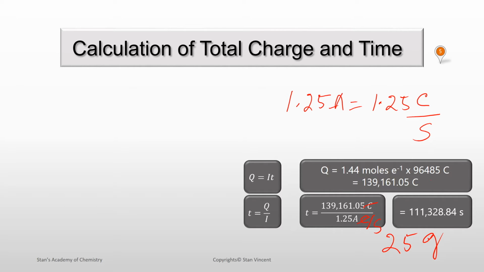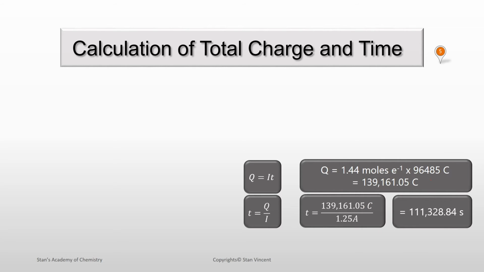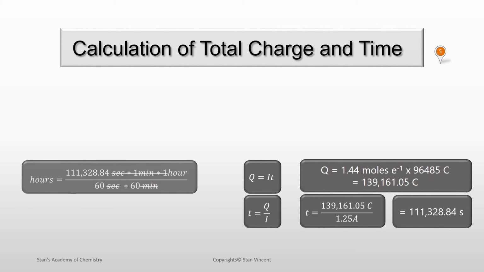Once you have the time in seconds, it's easy to convert it into hours, and that's what we're going to do next. 111,328.84 seconds times 1 minute by 60 seconds would convert the seconds into minutes, and multiplying by the next conversion factor, 1 hour by 60 minutes, would convert it into hours.